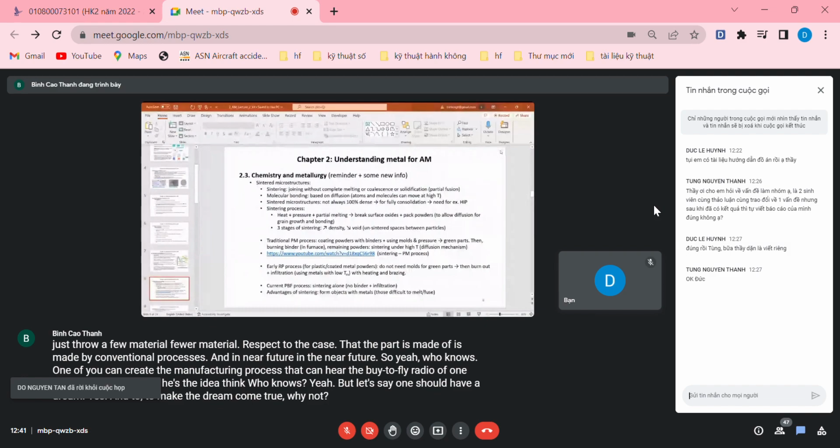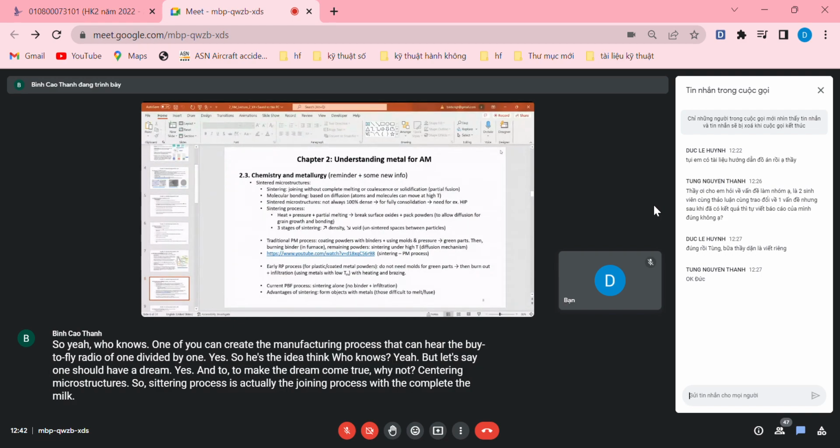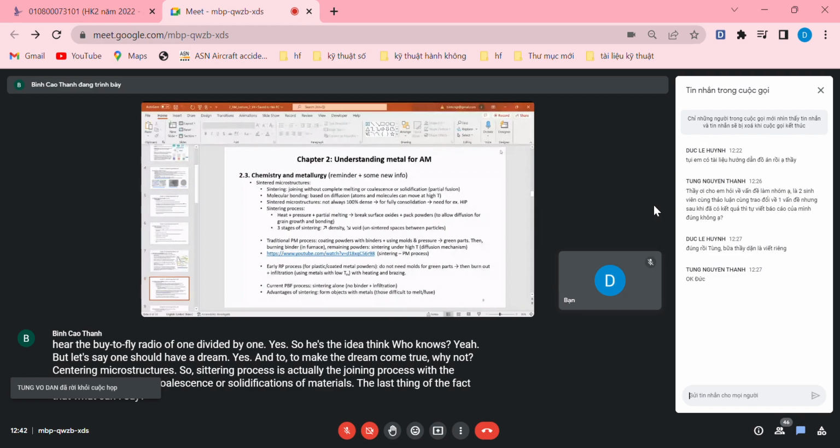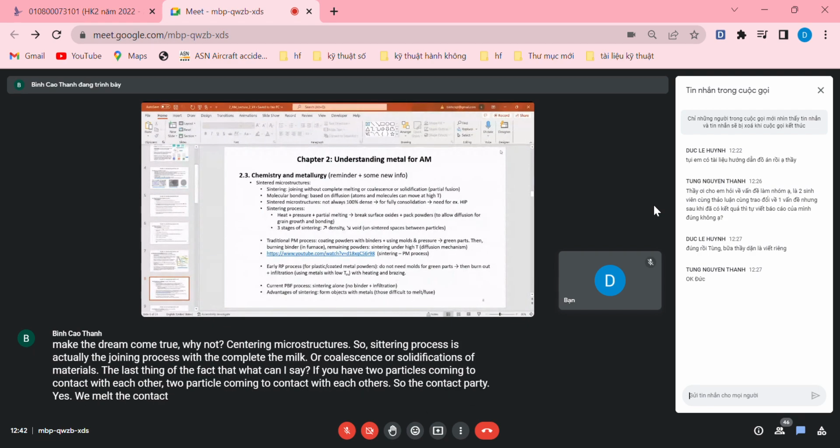Sintering microstructures. The sintering process is actually a joining process without complete melting, coalescence or solidification of materials. Let's think of the fact that if two particles come into contact with each other, the contact point, or the contact area, will melt.